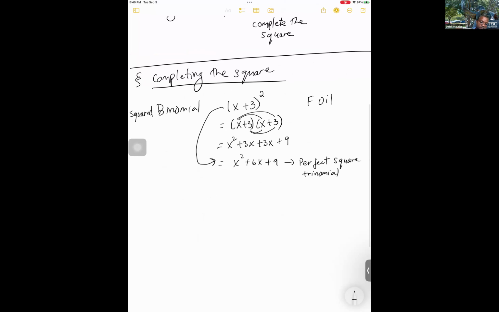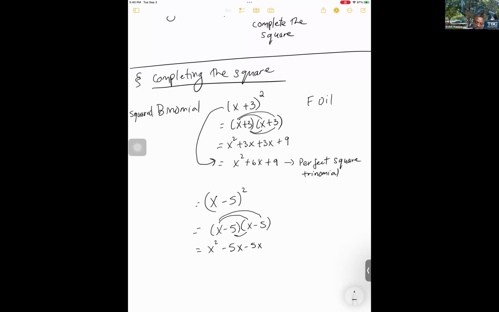Let's do one more. Let's say I have x minus 5 squared, and I want to work this out. This is simply going to be x minus 5 multiplied by x minus 5. x times x is x squared. x times negative 5 is negative 5x. Negative 5 times x is negative 5x.